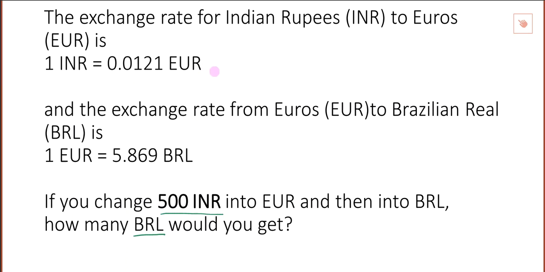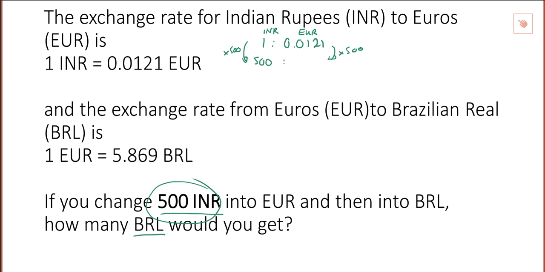What we do first is, I know I've got 500, so I'm going to use this ratio up here, 1 to 0.0121. So I've got 500 rupees, and I'm going to convert to euros. We know we have 1 for every 0.0121. So if I get 500 ones, I've also got to have 500 lots of that amount of euros. It should be a much smaller number because you don't get many euros for 1 rupee.